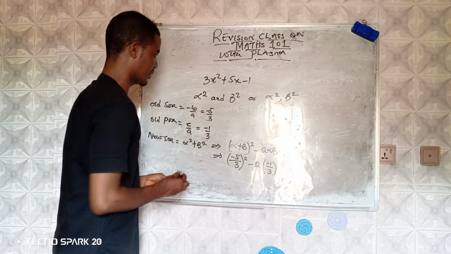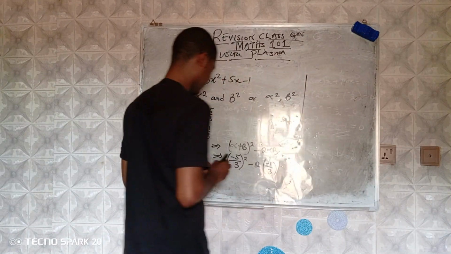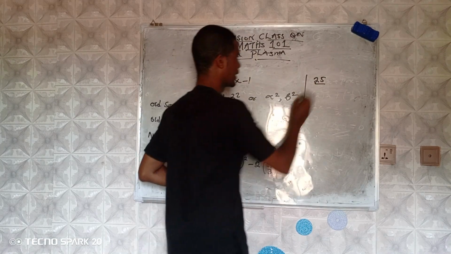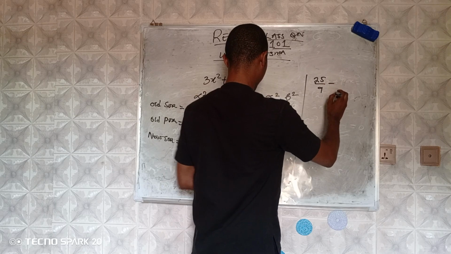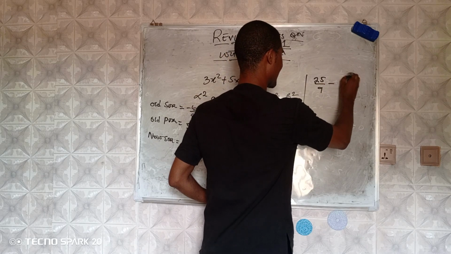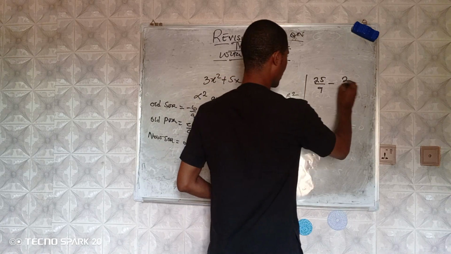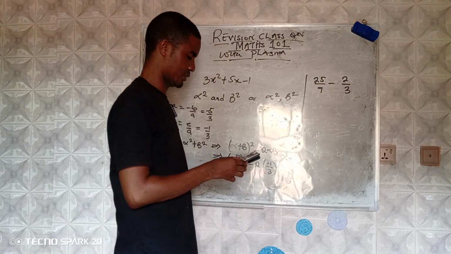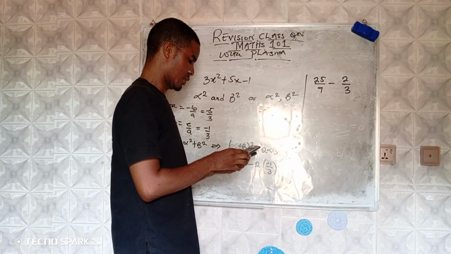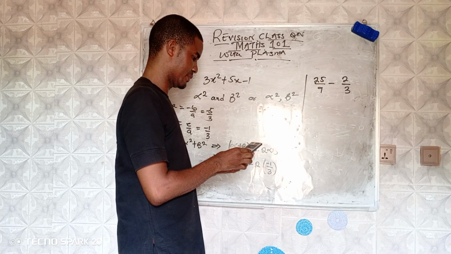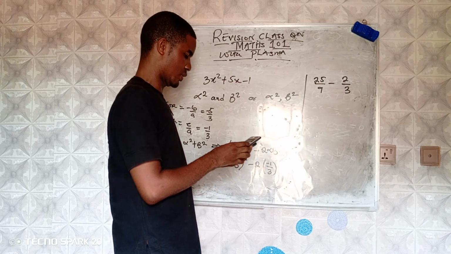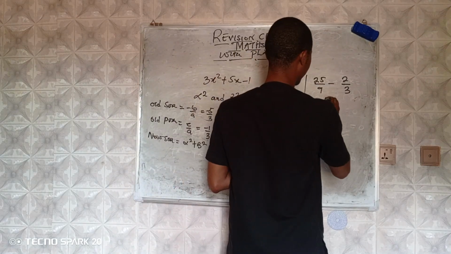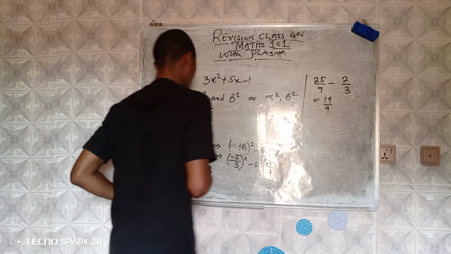If I have that, this is 25 over 9 minus 2 times minus 1, that is 2 over 3. So using my calculator to find 25 over 9 minus 2 over 3, that will give me 19 over 9. So that is my SOR.